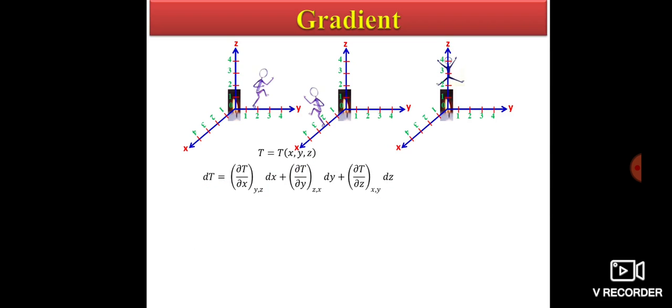We can write this dT in this form: dT is equal to del T del x x cap, plus del T del y y cap, plus del T del z z cap, dot product with dx x cap plus dy y cap plus dz z cap. If we do the dot product, then we get the previous line.